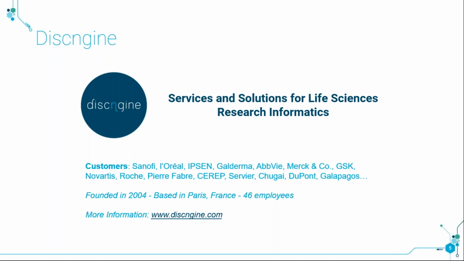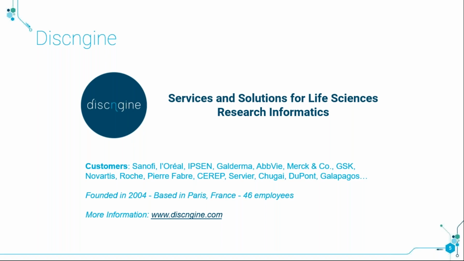First, I would like to start by talking a little bit about Discngine, because I don't know if all of you have heard of us already, but we are a 14-year-old company based in Paris, in France. We are now 46 employees, but still growing.